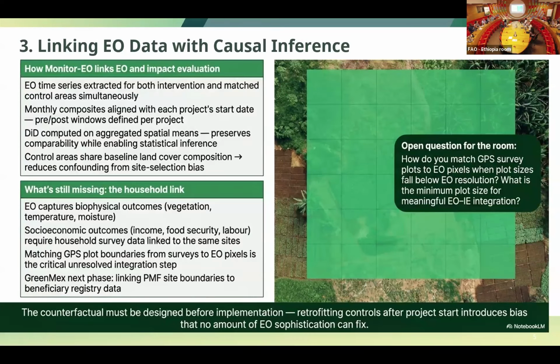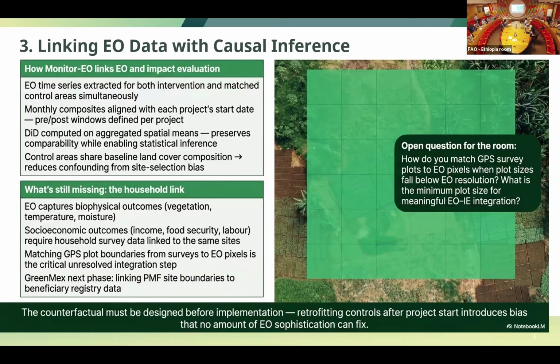So the link between Earth observation and causal inference is not automatic, from what we have experienced in this large test bed. Earth observation gives you wall-to-wall coverage and 20 years of history. Impact evaluation gives you the counterfactual logic. Of course, we need both, and we need to design their integration before the project starts in an ideal world, and not after.